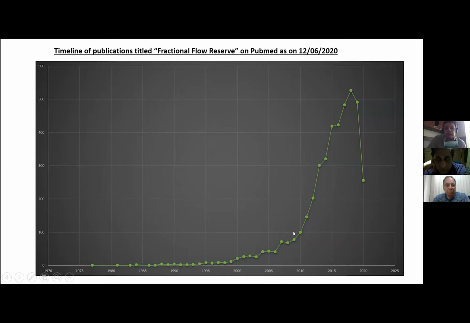Now, I'll not bore you with the literature much, but you can see why we still consider FFR as the gold standard. This graph looks at the timeline of publications titled Fractional Flow Reserve on PubMed, which I took on the 12th of this month. It's like the coronavirus graph of our country. Actually, it's skyrocketing since 2005.